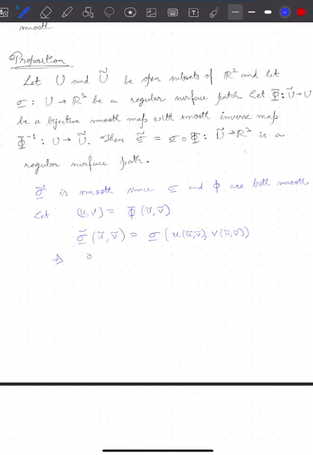So when we differentiate this by U tilde, on the right hand side we have to use the chain rule. So we can just write it as sigma U and partial U by partial U tilde plus sigma V and partial V by partial U tilde, right?